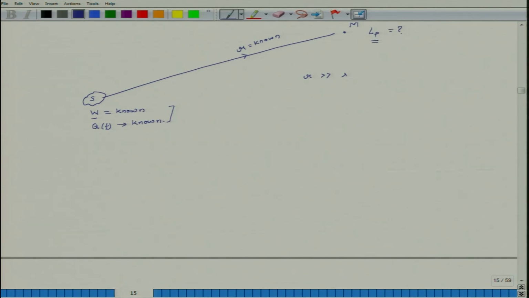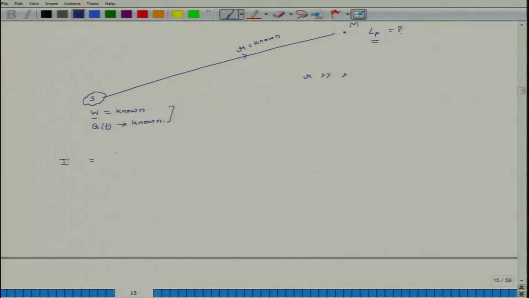We know that intensity is the amount of power flowing through per unit area. So, intensity is equal to power per unit area. And what is power?